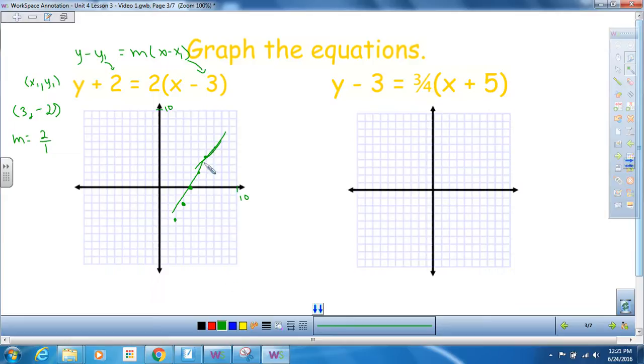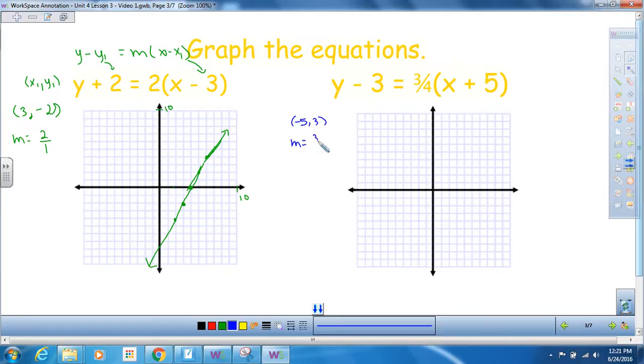Well, it's not letting me make my line here, so sorry about that. But it should go all the way through your graph like before and have arrows at the end. Okay, let's look at this equation. So my starting point, my x1, y1, so the opposite of 5, so negative 5, opposite of negative 3, so positive 3.